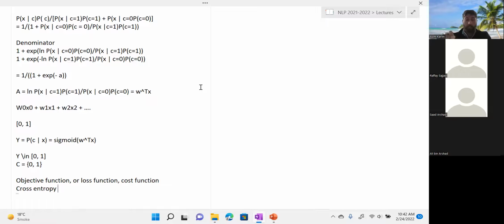And what are those two variables? Y and C. Y is our estimate, C is the true value. So what would we desire? We would like Y to be as homogeneous as possible with C for all the training examples. What would homogeneity imply? It would imply that entropy is close to zero.